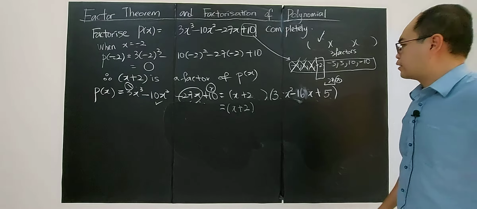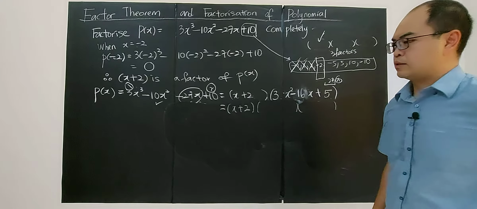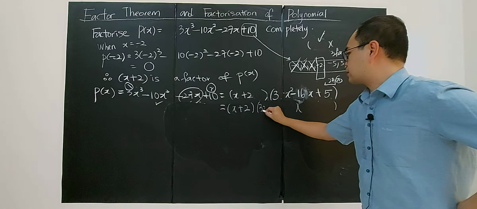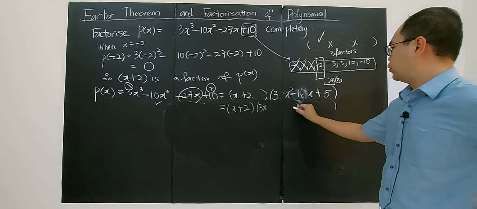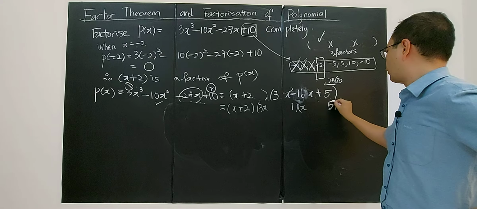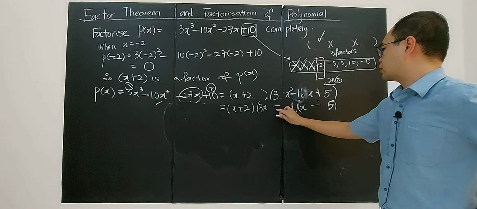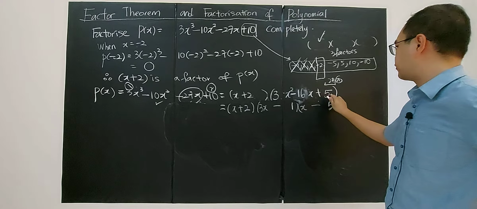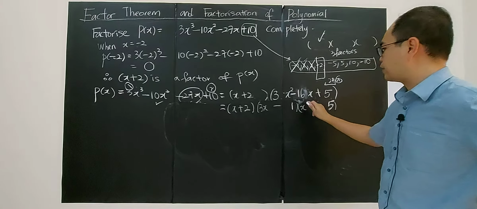Then you factorize and see. So you have 3x and x here. So I'm going to put 1 and 5 here. Here will be negative, negative, because negative times negative is positive 5. So negative x, negative 15, you have negative 16.